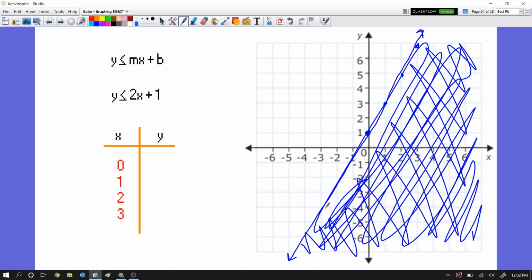Anything on the line that's a coordinate, like 1, 3, makes this true. So let's use 1, 3. Let's see if it makes it true. 2 times 1 plus 1, and we said that that was 3. 2 times 1 is 2 plus 1 is 3. So is 3 less than or equal to 3? Yep. So any coordinates beneath this line are on the line.